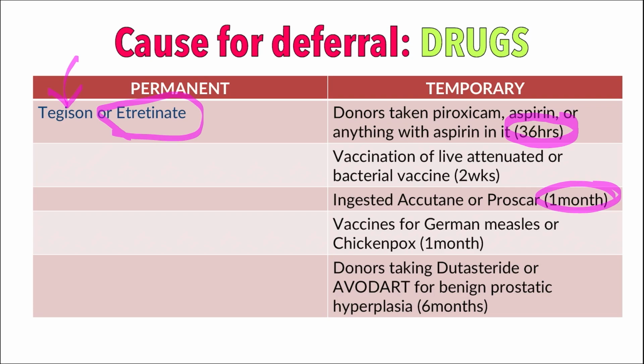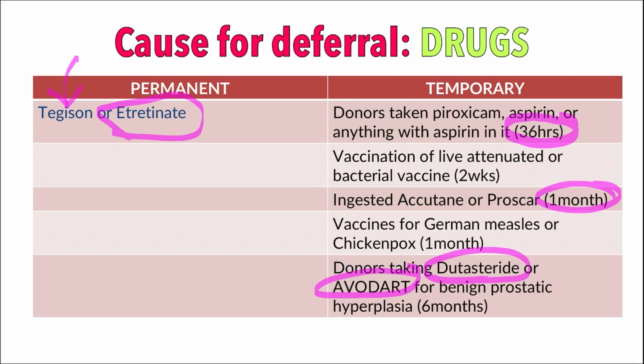And of course, we have dutasteride, or Avodart, that is used to treat benign prostatic hyperplasia, which is also teratogenic. So that is 6 months. You really have to memorize the medications because sometimes we don't know which ones the board of examiners are including, or if the medication the donor is taking is teratogenic.